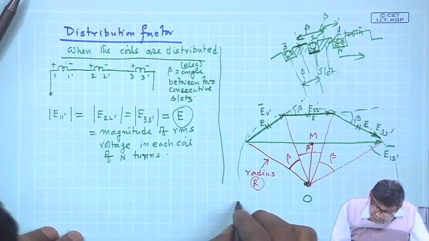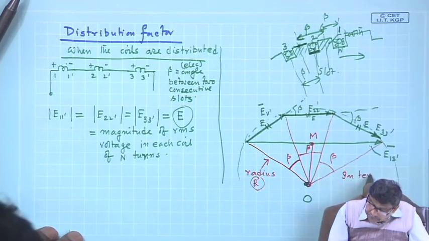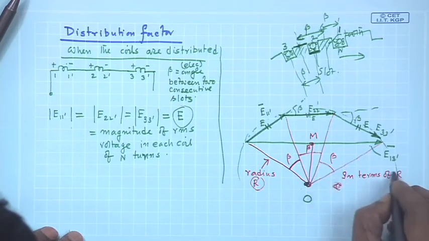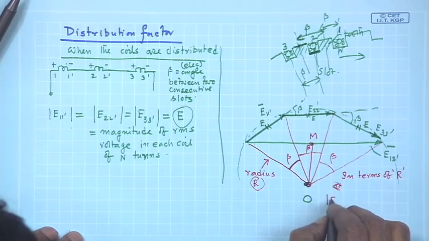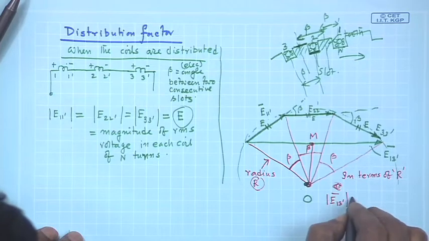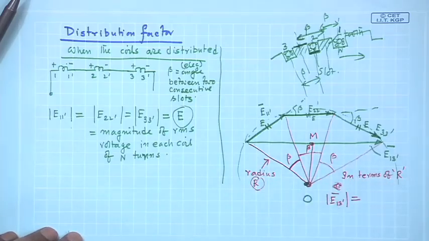How? In terms of R, which is the radius, this amplitude, the E13 resultant voltage, the magnitude of that can be easily expressed.